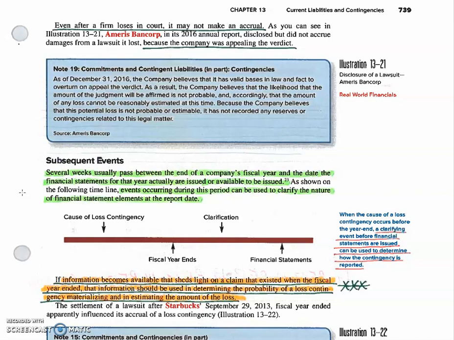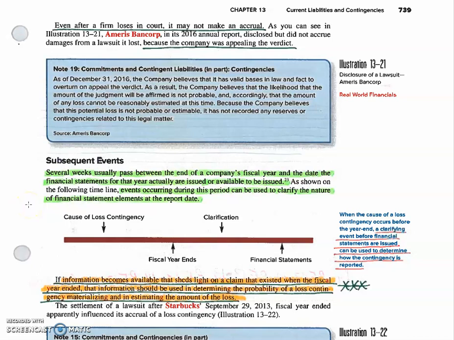You were going to have to pay. You just didn't know how much, and you didn't know for sure you would. So it gets settled in January, then you need to go back in December and record that contingent liability. It makes known the amount. You take advantage of that. All it's doing is making known something that existed at year end but was unknown at that time.